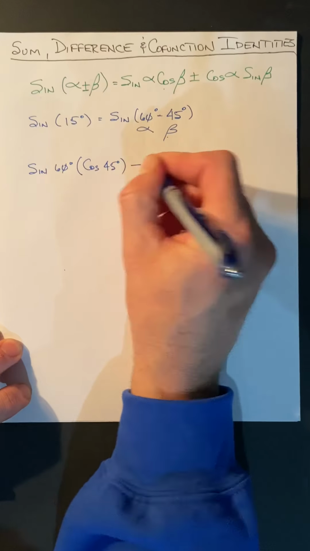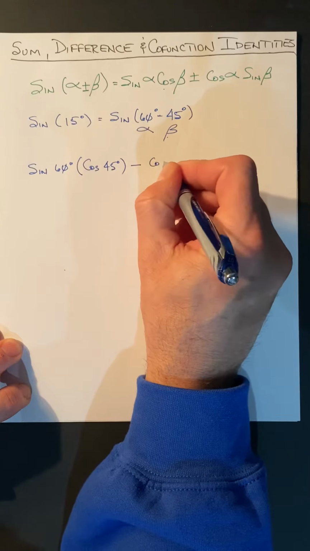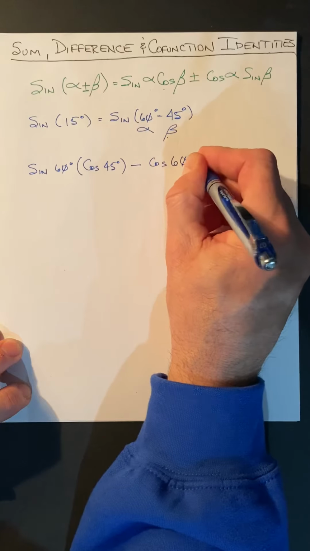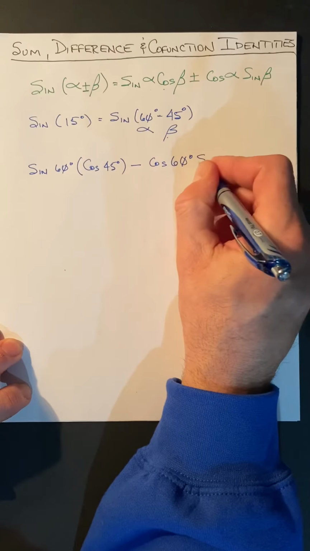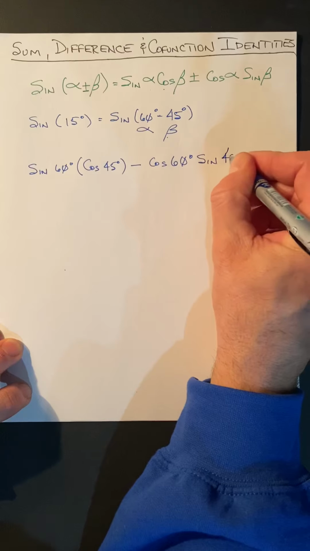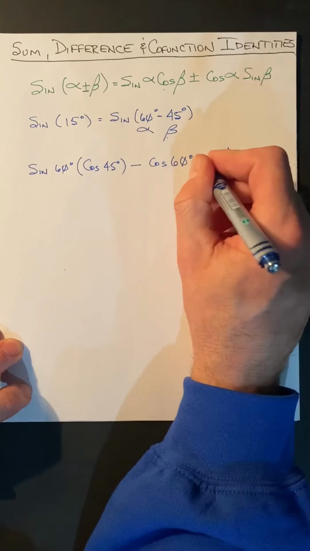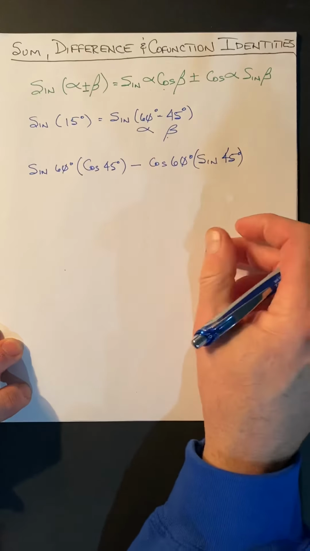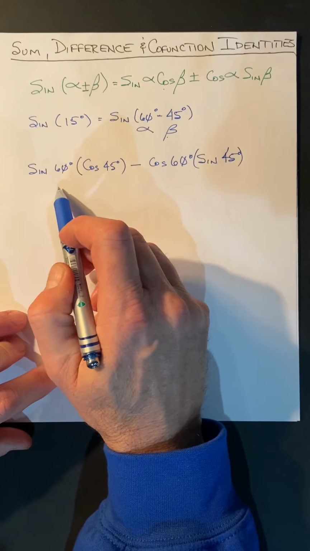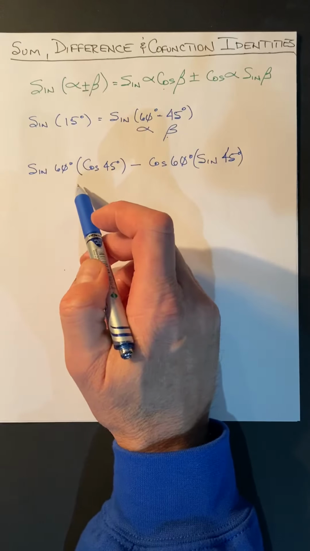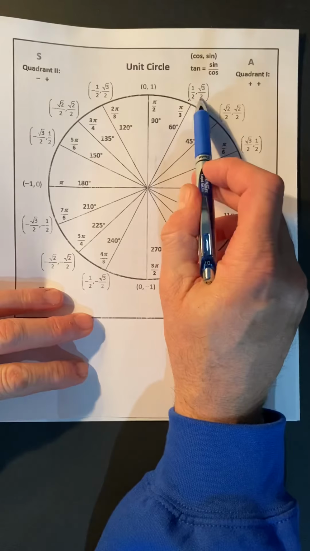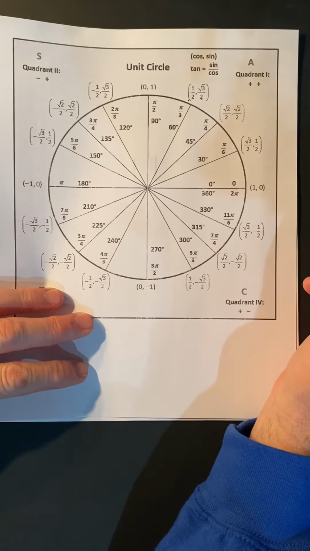So I would say minus the cosine of alpha, which is 60 degrees, times the sine of beta, which happens to be 45 degrees, okay? And I'll put that in parentheses so it's easy to see. So now all I have to do is just go to my unit circle, right? Like I said, we know what those values are from the unit circle.